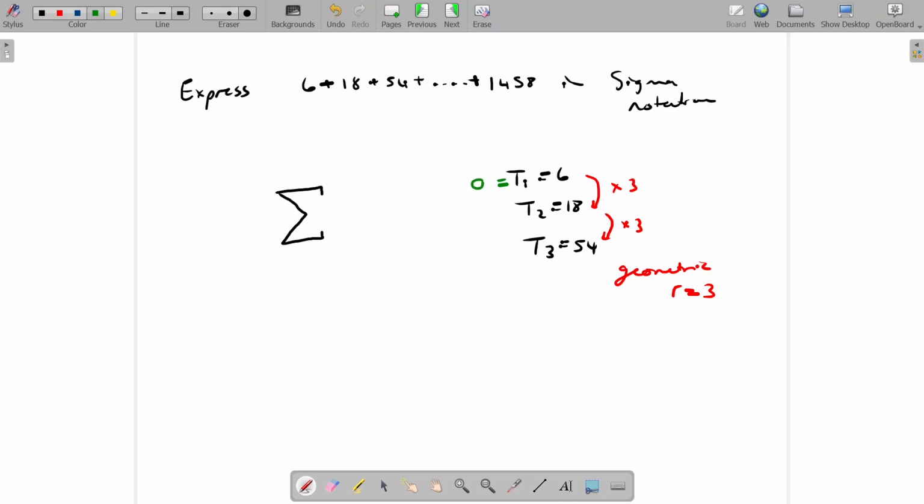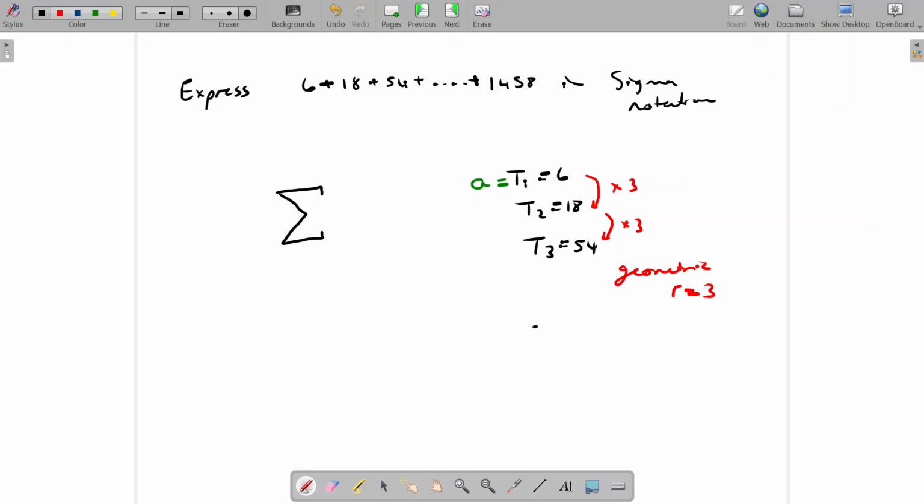Now, since T1 equals 6, we should hopefully be able to see that, by our rules of all sequences, a always equals T1. So effectively we got the bulk of this one right now.